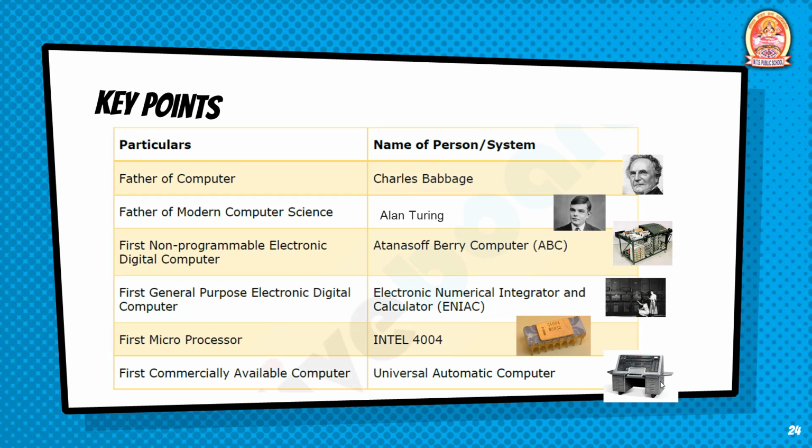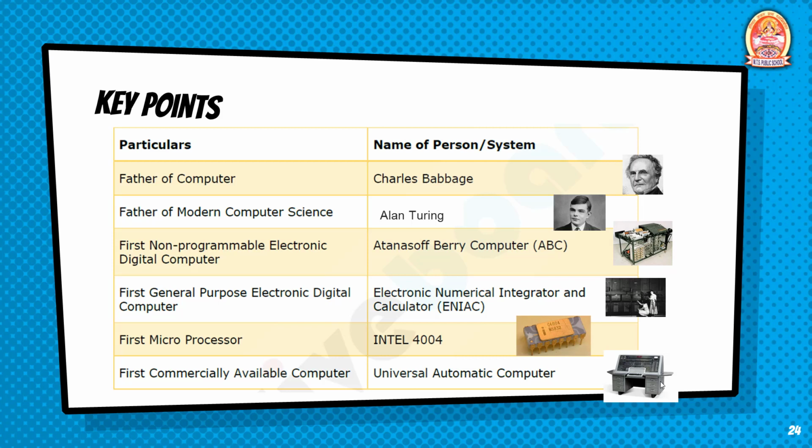Some of the key points which need to be at your fingertips always. You can note down these points too in your notebook. Father of the computer, Charles Babbage. Father of modern computer science, Alan Turing. First non-programmable electronic digital computer, ABC or Atanasoff-Berry Computer.